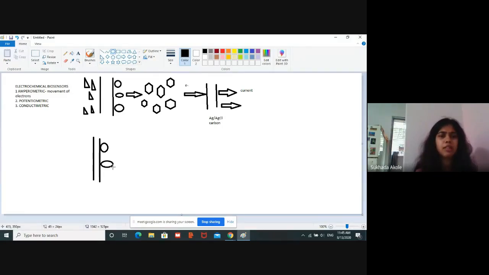See, this is my immobilized thing. I have my substrate here, 1, 2, 3, 4, 5. These react with one another and give me a product. So this is my product here.